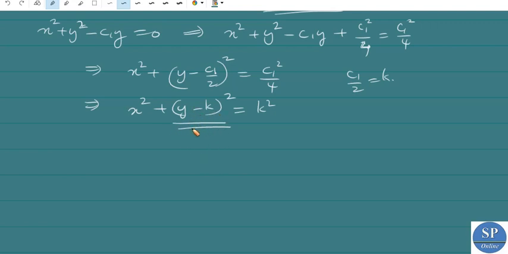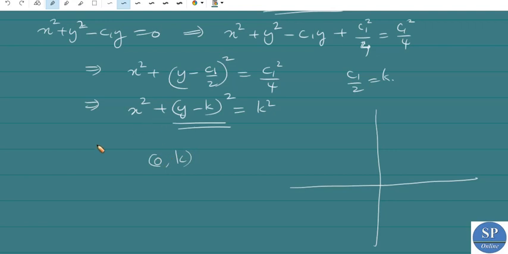Since k is an arbitrary constant, as k varies we get a family of circles passing through the origin, with the centers on the y-axis. For example, here the radius is k and it is passing through 0 comma k.